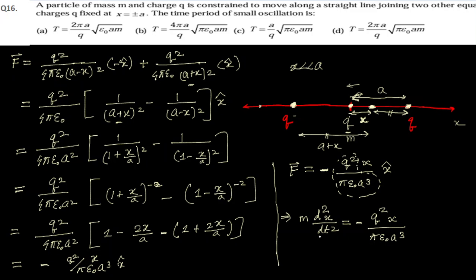Then if we divide by the mass, we get d square x by dt square is equal to minus q square divided by pi epsilon naught a cube into m, into x.